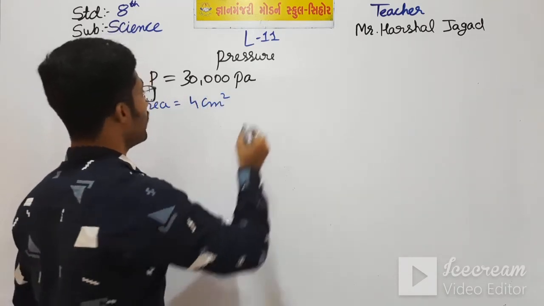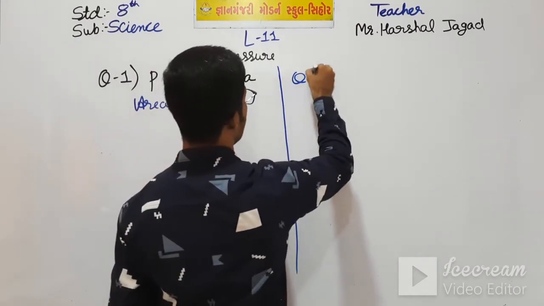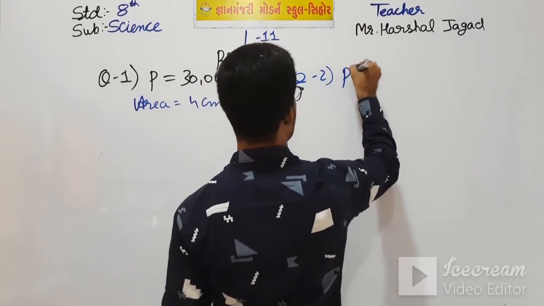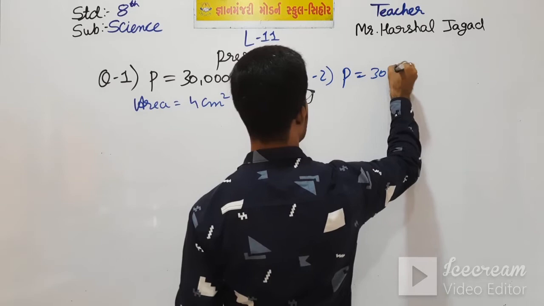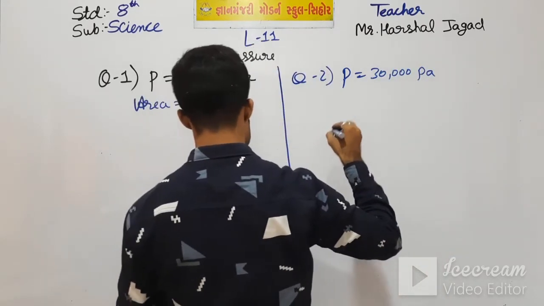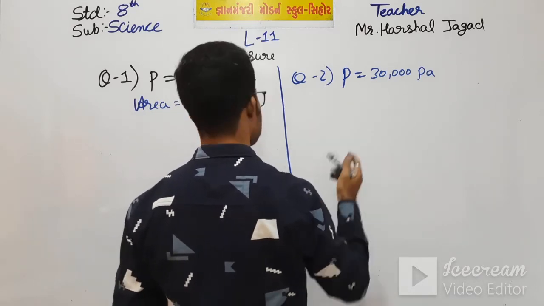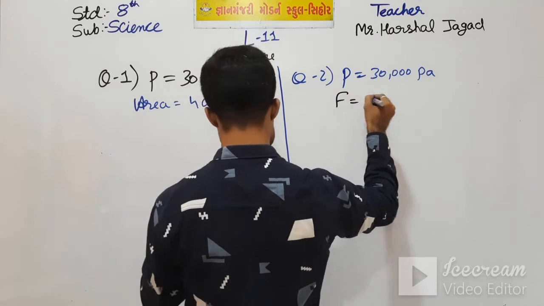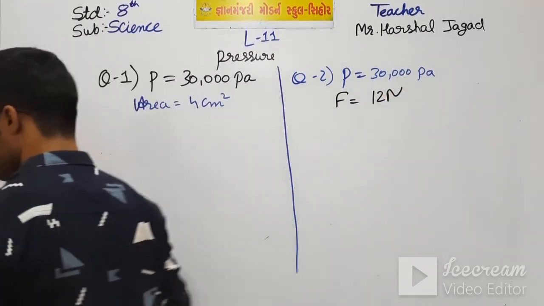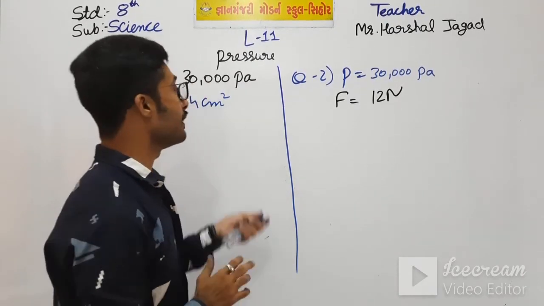In question number 2, the pressure was the same, P is equal to 30,000 Pascal. Okay students, and in this case the force was given, 12 Newton. So these two examples I gave you in the previous video.